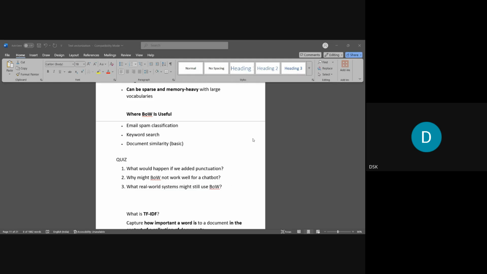So that is correct. Punctuation will be treated as a token if it is not removed.